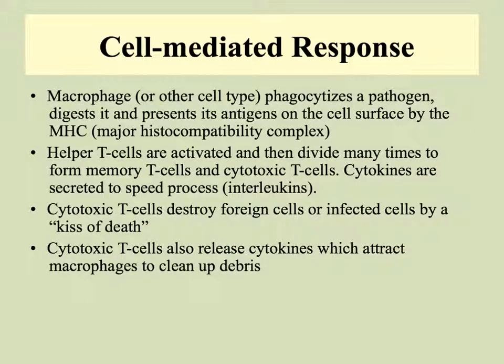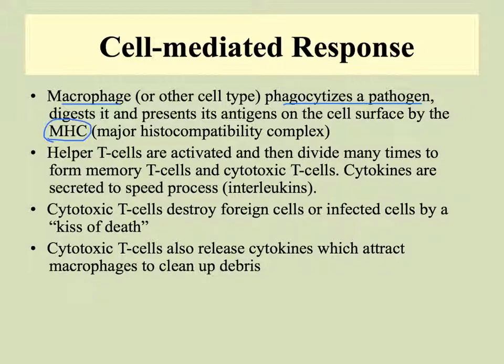In the cell-mediated response, it starts out with a macrophage, or a couple other cell types are involved, but we'll just talk about the macrophage, and it eats a pathogen. It phagocytizes a pathogen, digests it, and then takes those antigens and sticks them out on the cell surface by the major histocompatibility complex, the identifying protein, the specific part of that outside cell that says this cell belongs to me, this is a self cell.